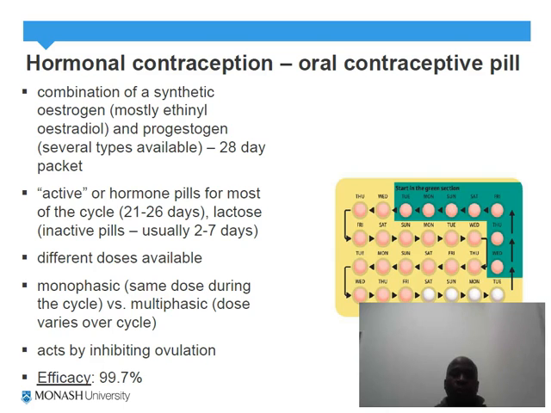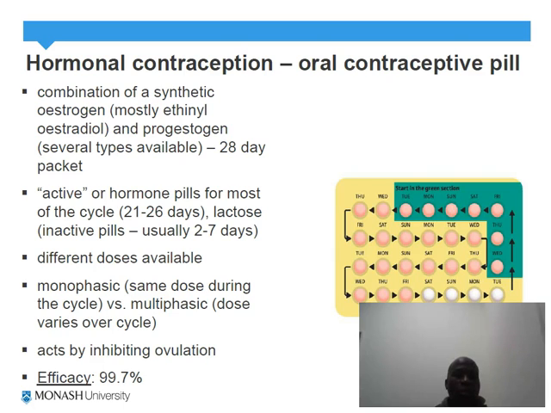Okay, let's look at the first one, which is the OCP, the oral contraceptive pill. This basically is characterized by a combination of synthetic estrogen, mostly ethinyl estradiol, and progestogen.